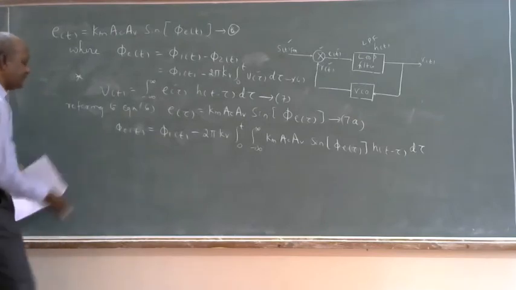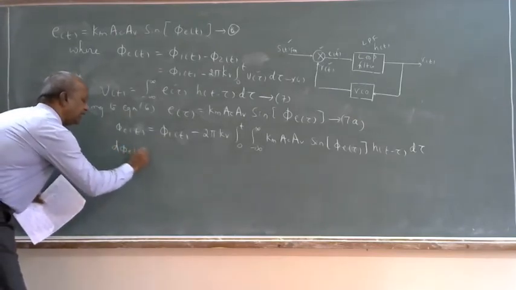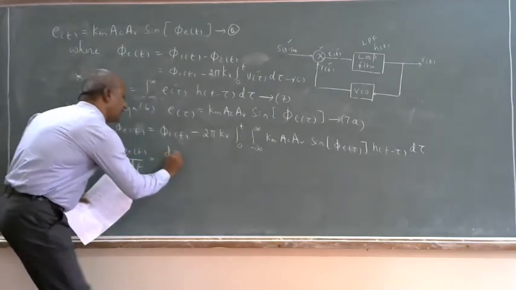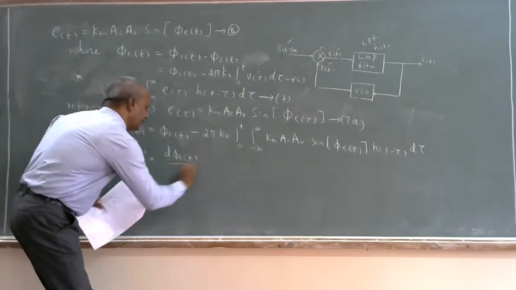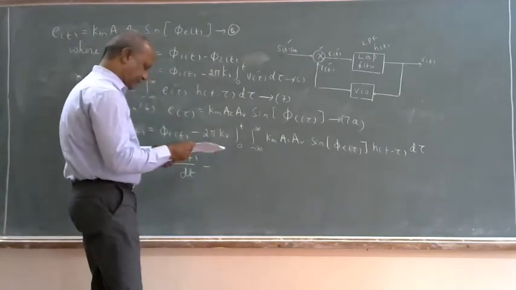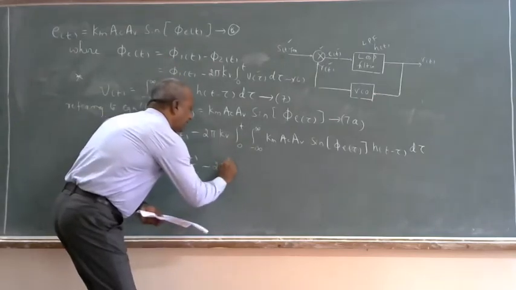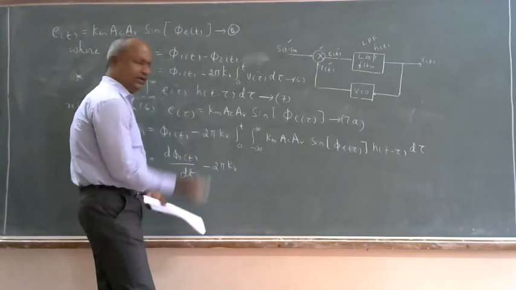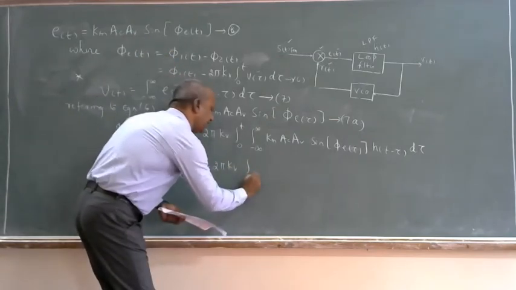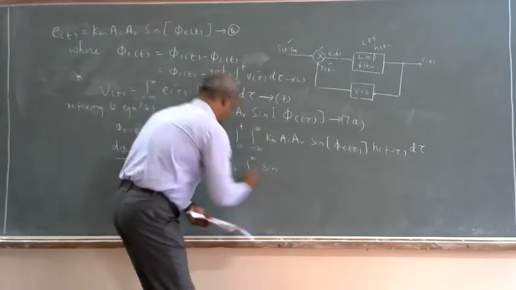By the differentiation, what do I get? d phi of t by dt equals d phi 1 of t by dt minus 2 pi kV. Integration and differentiation will cancel, and the one integration is left, minus infinity to plus infinity.